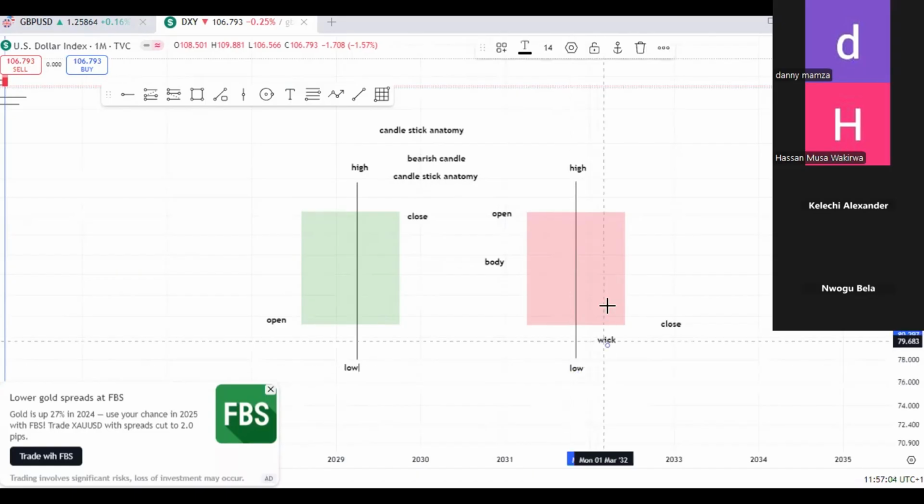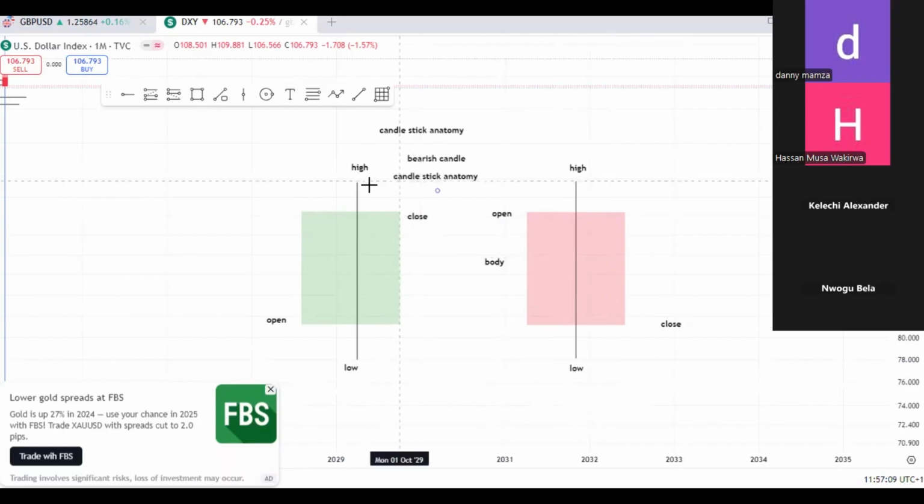So let's not forget, because moving forward I'm going to be talking about certain concepts such as wick; this is the body. Sometimes I might say things like wick to body closure, so you should understand that this is what I'm talking about. Either this here or this here is the wick.